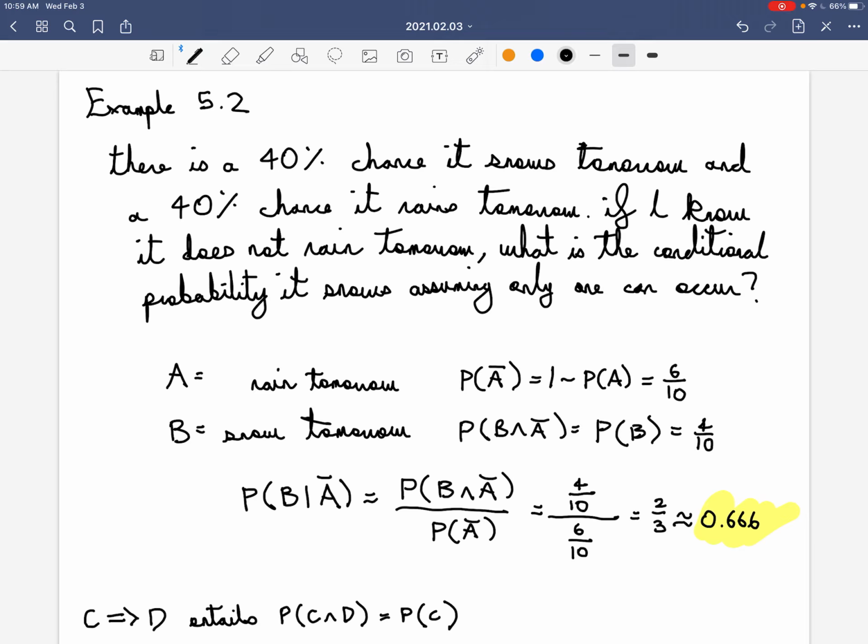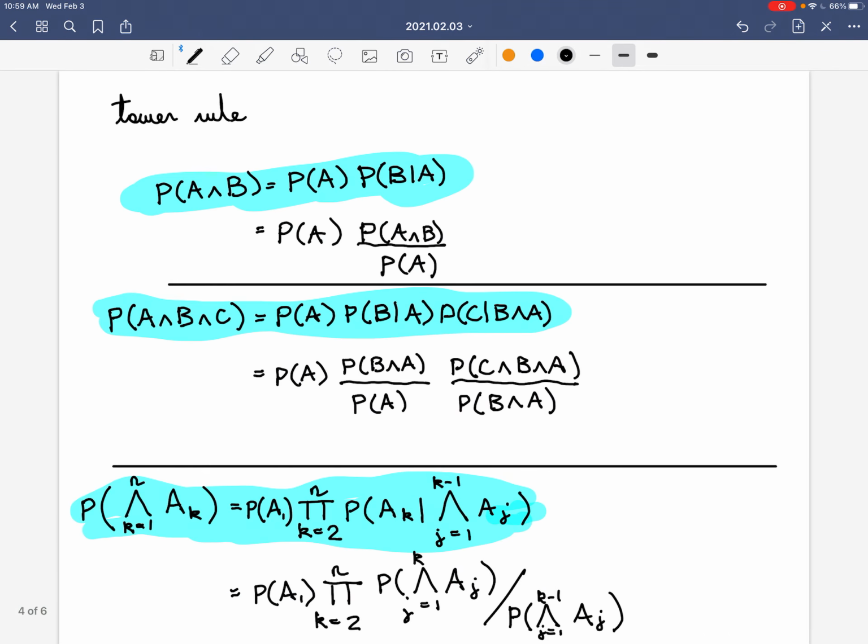Okay. So the concept of conditional probability starts to get really important and useful when you use it as a tool to calculate things you aren't able to calculate without knowing conditional probabilities.